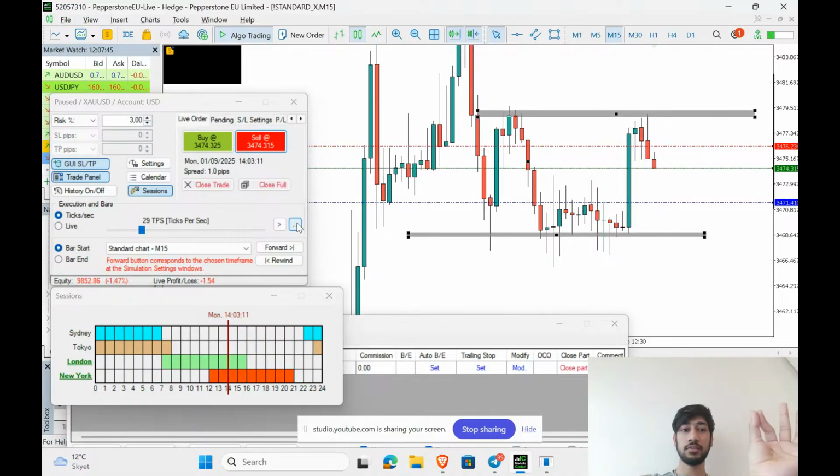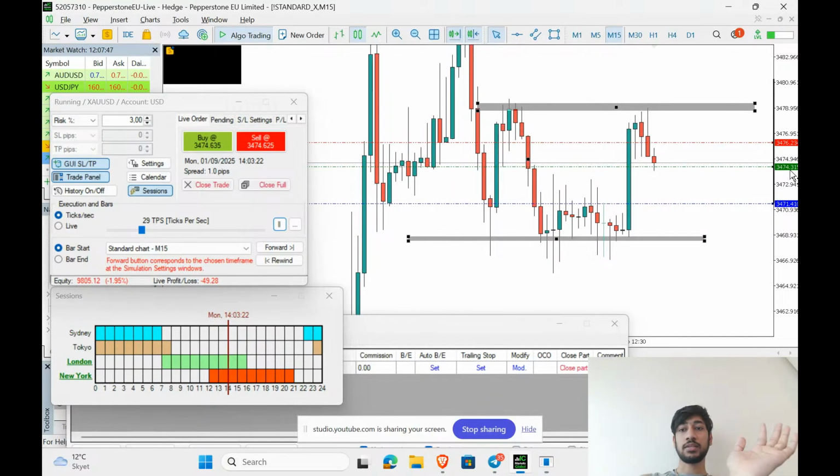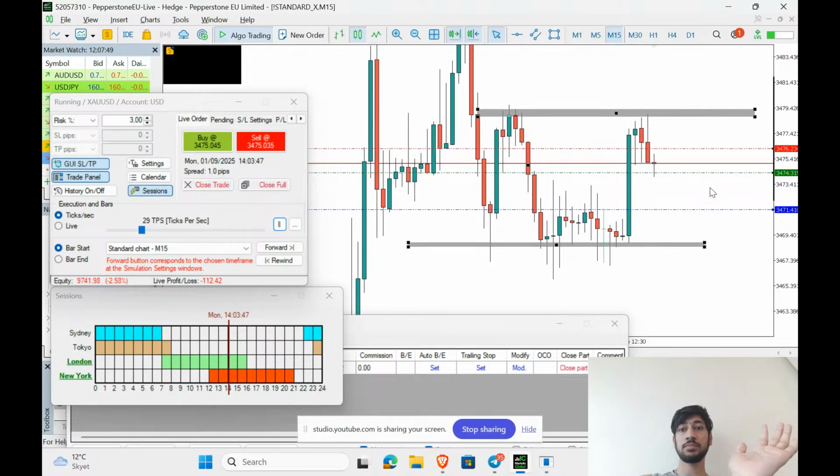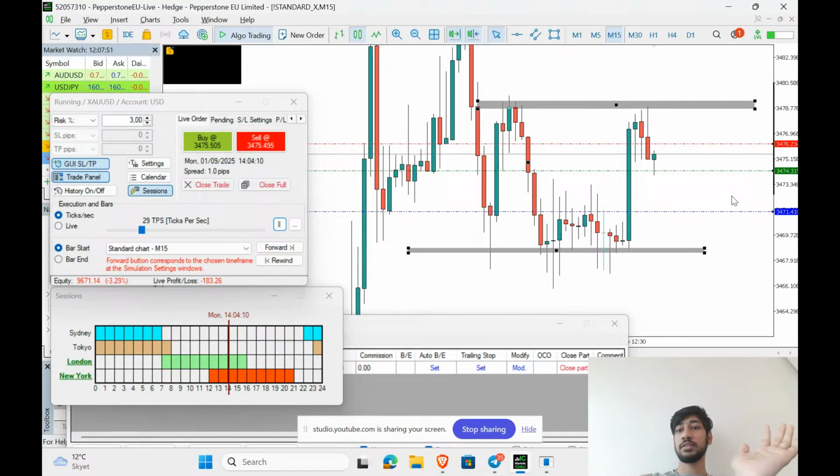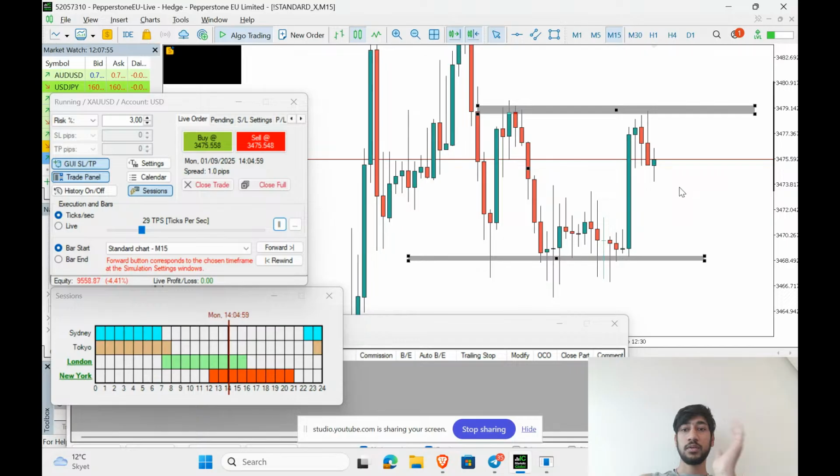M15, we have a clean range, picture perfect setup. At this point, if it hits our stop loss, it is just the probability of not playing out in our favor. 5, 6. Even if this candle again breaks below the low, I will be interested to add back my risk.